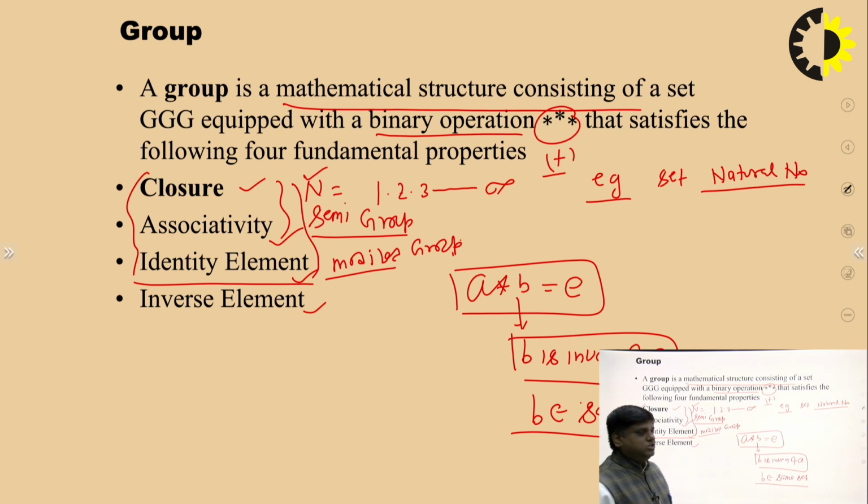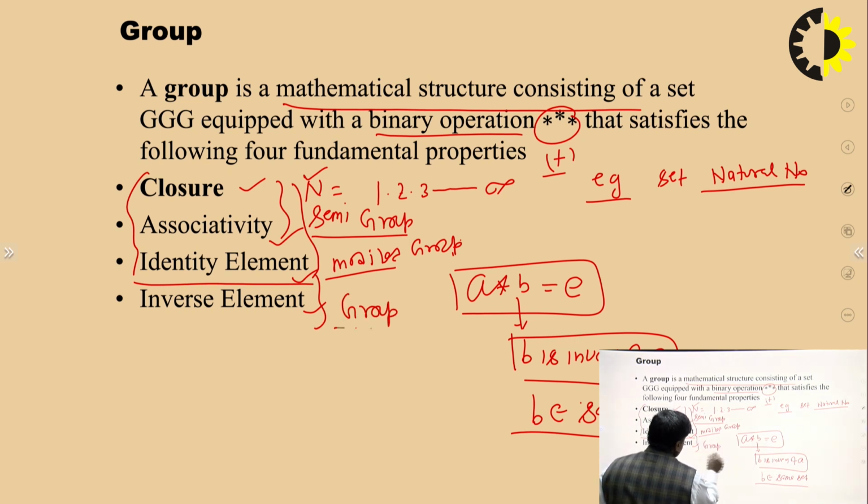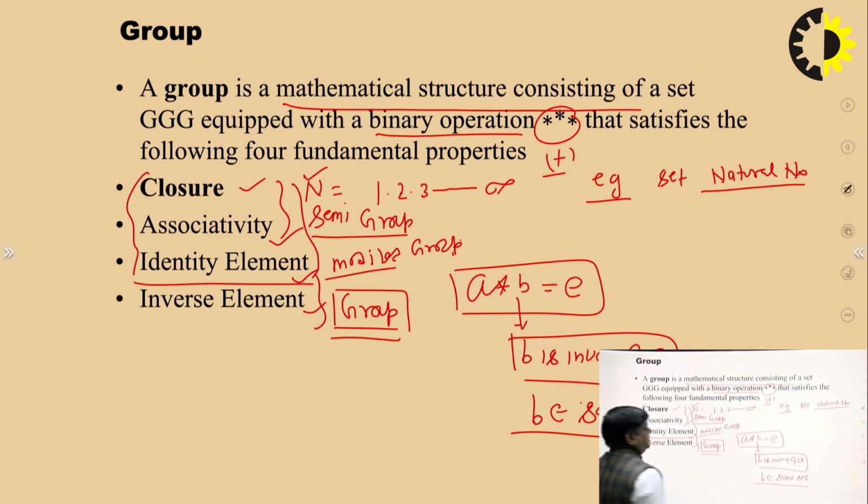If any mathematical structure follows these four properties, then we can say that that mathematical structure is known as the group.